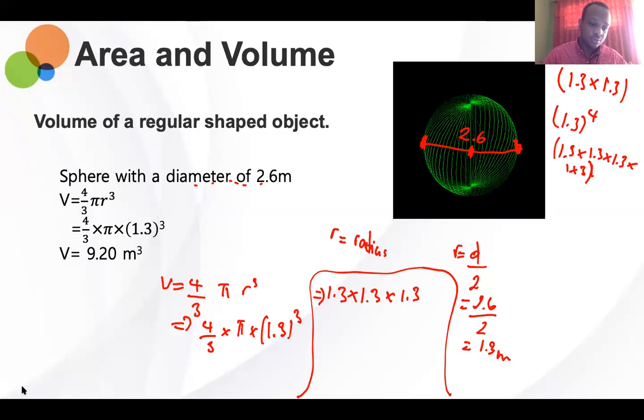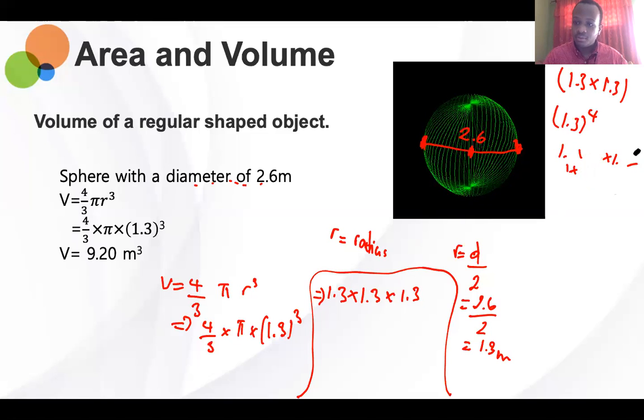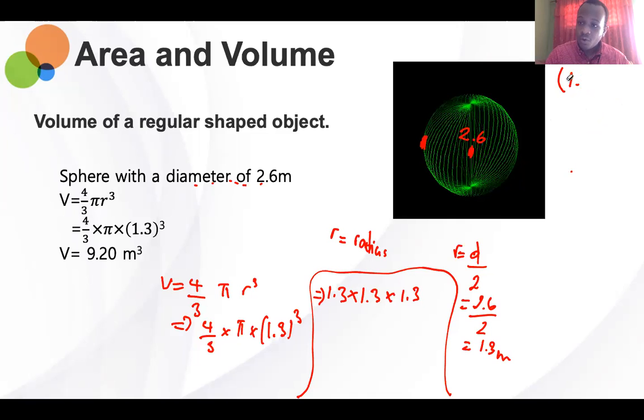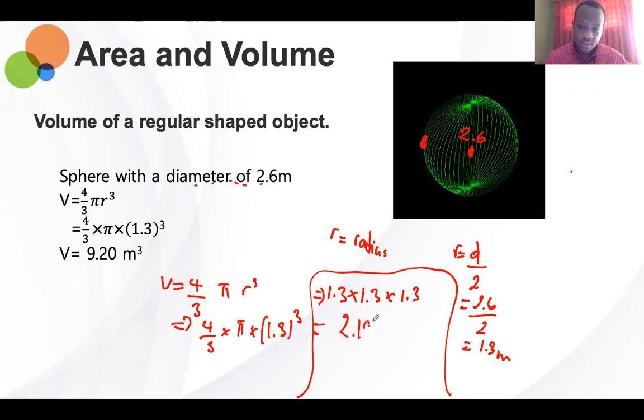Let me just rub that out, just an example. So now our value for 1.3 cubed is 2.197, right? So we have that here, 2.197.